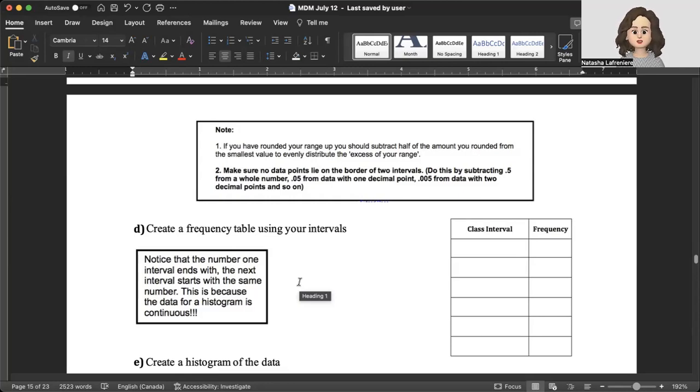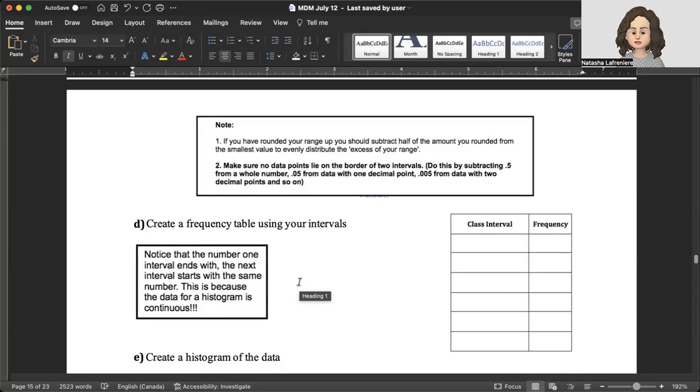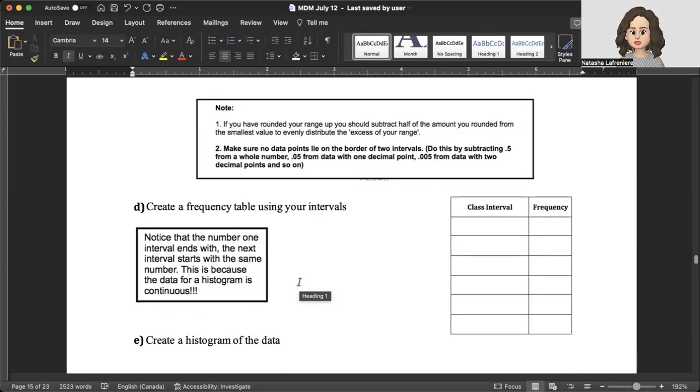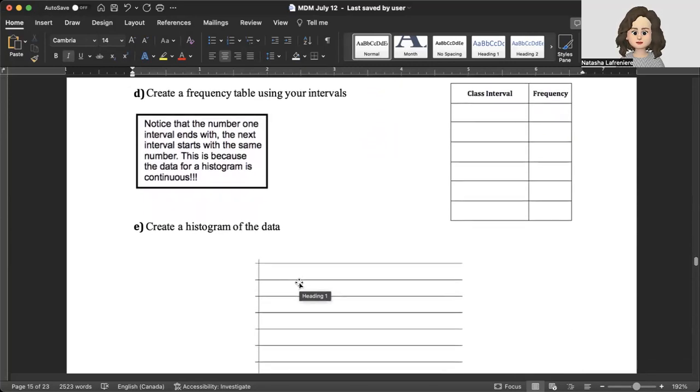Also make sure no data points lie on the border of 2 intervals. Do this by subtracting 0.5 from whole number data, 0.05 from data with 1 decimal point, 0.005 from data with 2 decimal points, and so on.